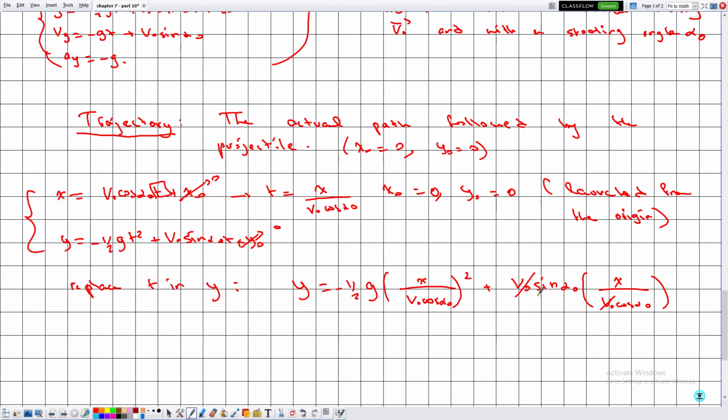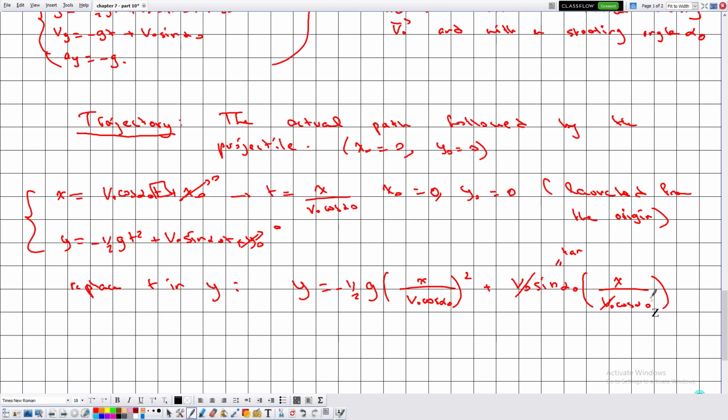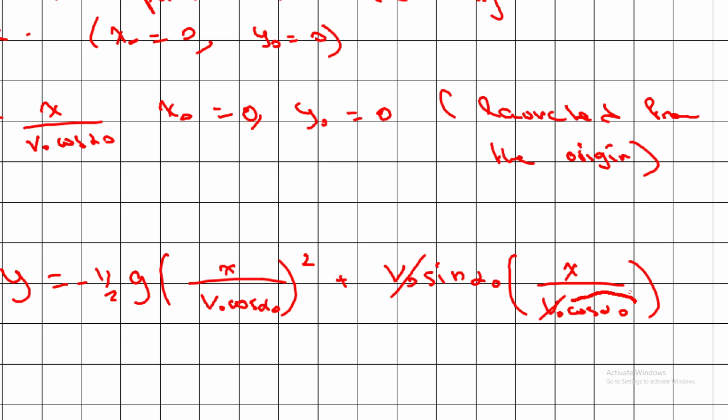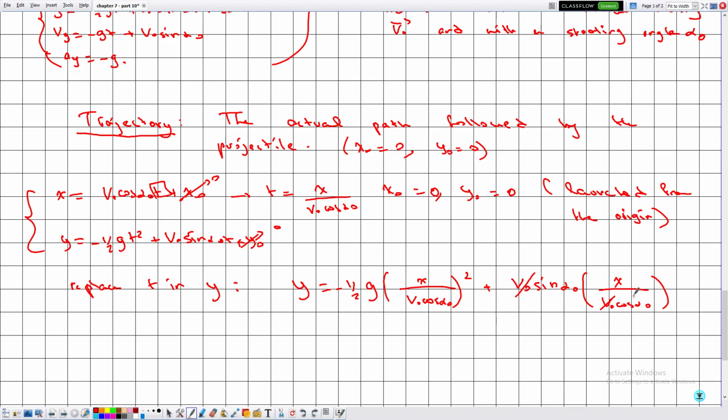Now v0 cancels with v0, sine alpha 0 over cosine alpha 0 will give us tangent alpha 0.